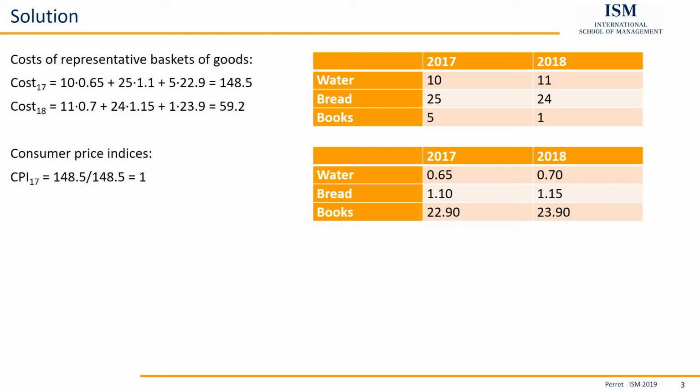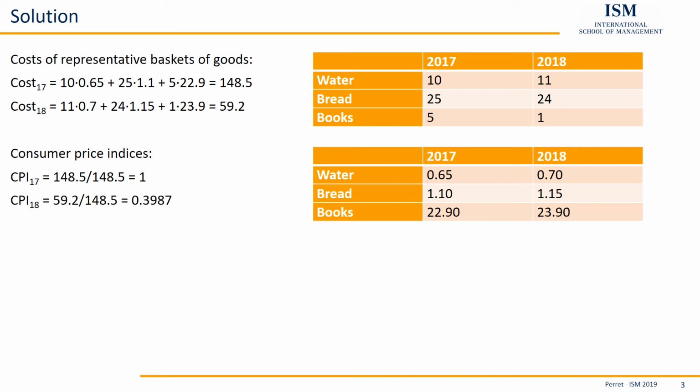Then for 2018, we divide the cost of the representative basket of goods of 2018 by the cost of 2017. So here we divide the 59.2 by the 148.5, giving us a consumer price index of 0.3987.